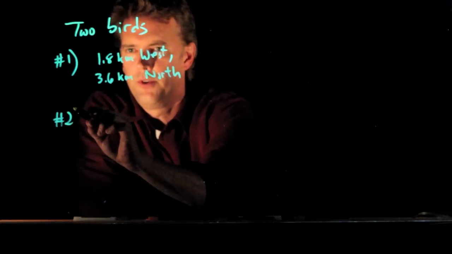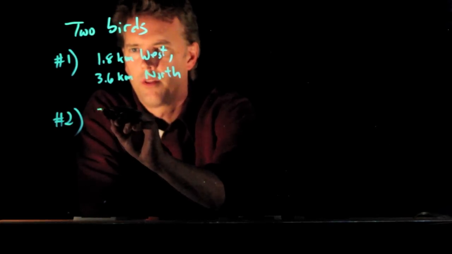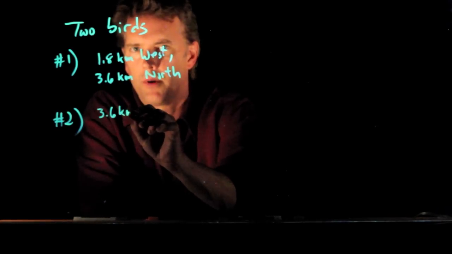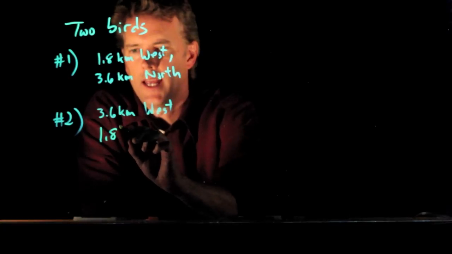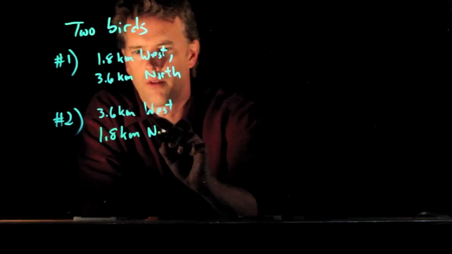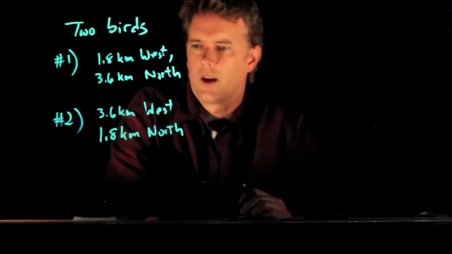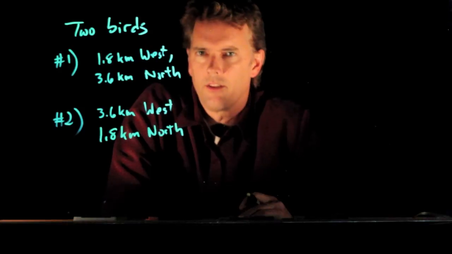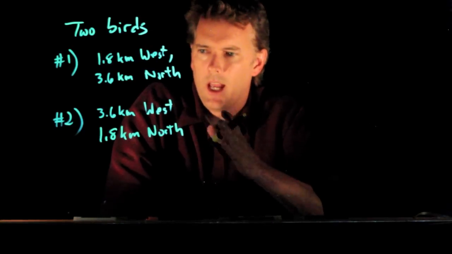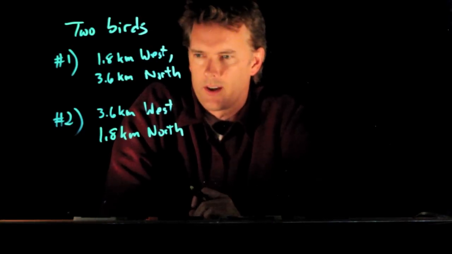And bird number 2 flies 3.6 kilometers west and then 1.8 kilometers north. Okay, and we need to figure out what is the resultant angle between their two trajectories.